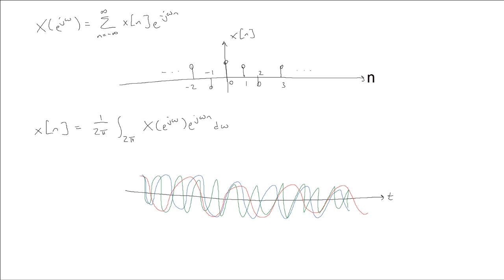contributions, and at some particular time value, let's say at time value over here equal to 1, all of these contributions are going to add up to our original signal in the time domain, which was equal to this over here.